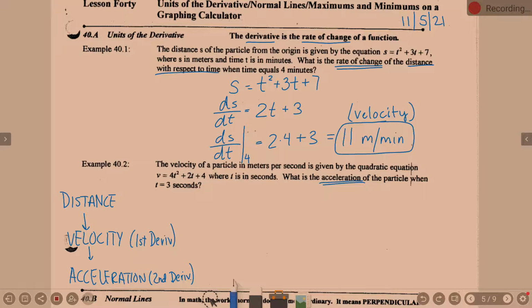If it helps, you can also think in terms of labels. A distance in this problem would be labeled in terms of meters. Well, what's velocity? Velocity is meters per second, and acceleration is meters per second squared.